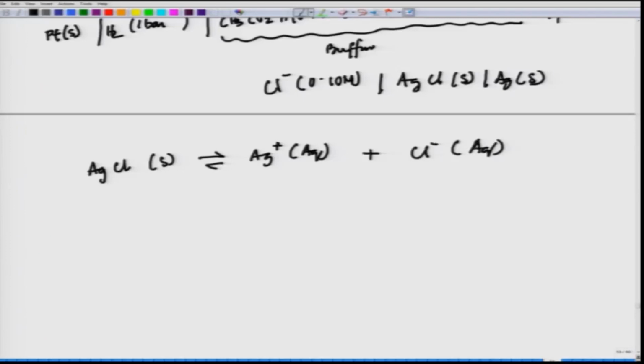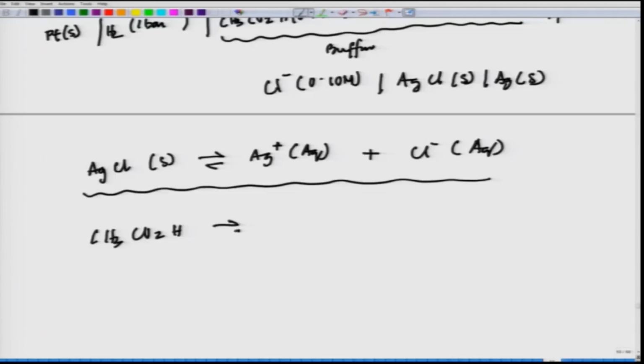So, this is where it is reaching an equilibrium. On the other side, CH3CO2H is coming in equilibrium with CH3CO2 minus plus H plus.